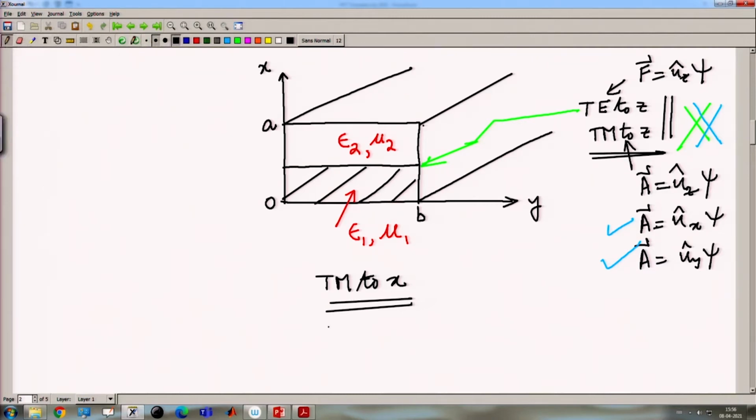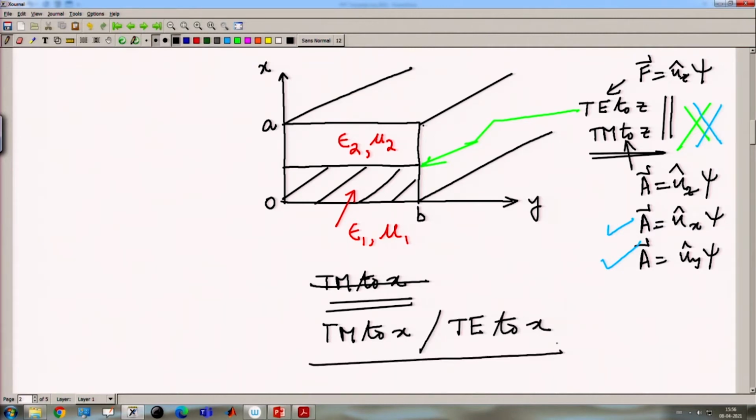So, let us take the mode sets TMx and TEx and use these mode sets to satisfy the boundary conditions of this problem.